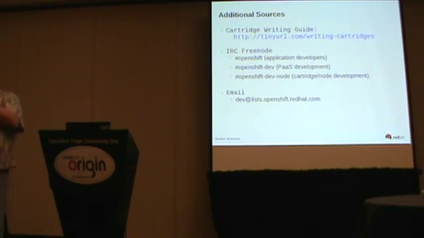Additional resources. I wanted to make sure to point you to that tiny URL, which points to our writer's guide. It is a work in progress. It is a markdown document. If you have any additions that you want to bring, we're more than happy to accept them.